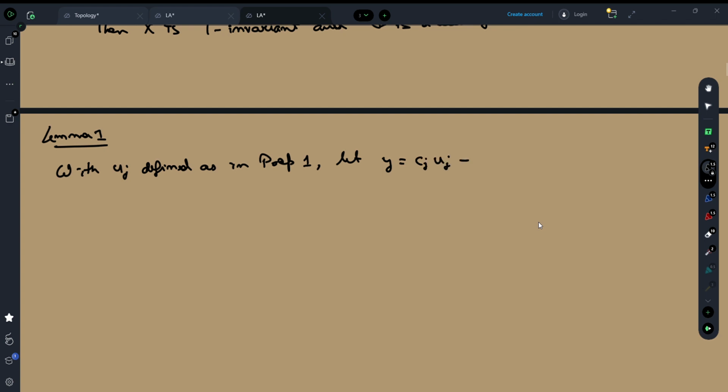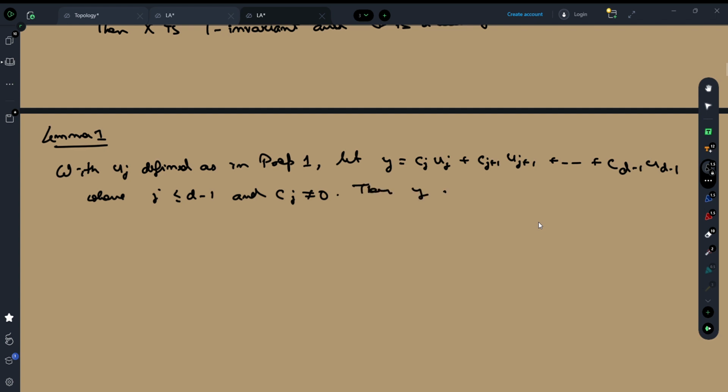I'm writing it as cj uj plus cj plus 1 uj plus 1, and so on till cd minus 1 ud minus 1, where j is less than or equal to d minus 1 and cj is not equal to 0.